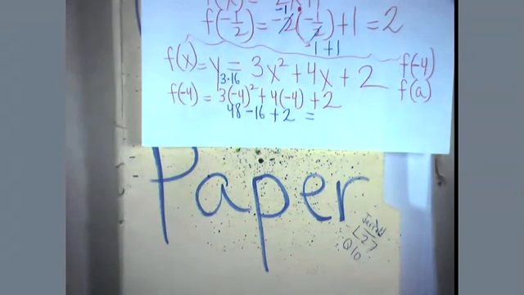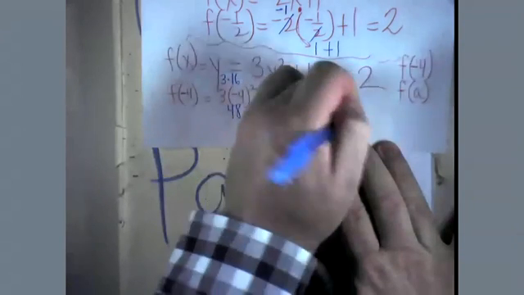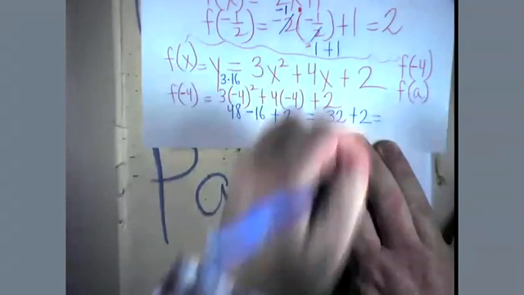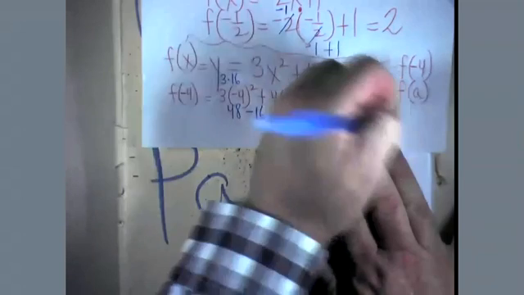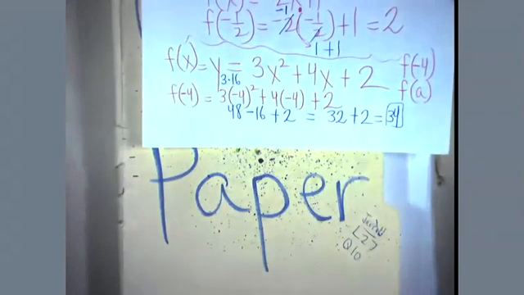Now, let's go left to right. 48 minus 16 gives us 32. And 32 plus 2 gives you 34. So that would be the value of f of -4. When x is -4, your corresponding y value would be positive 34.